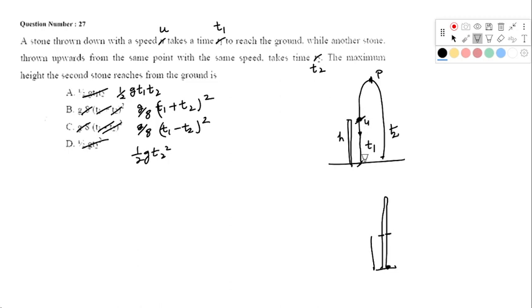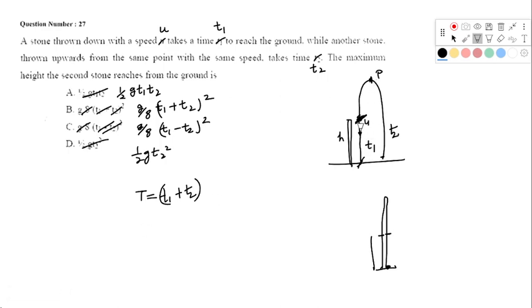So from here till here the time is t1 and further it takes t2. So the total time of flight becomes t1 plus t2. So capital T can be thought of as t1 plus t2. Hence in reaching from bottom to top, the time will be (t1 plus t2) by 2, right?